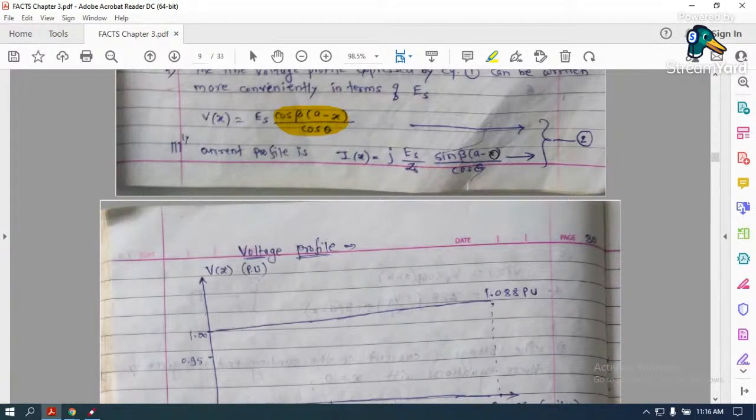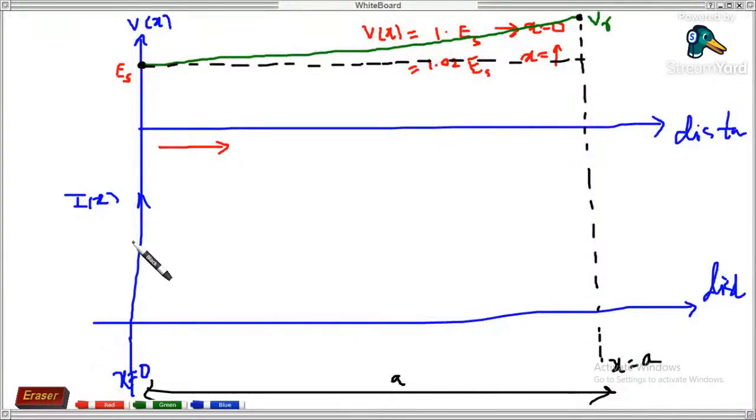Just put x equal to 0 here. What term will come? If I put x equal to 0, j ES upon Z0 tan theta, that much sending end current you get.